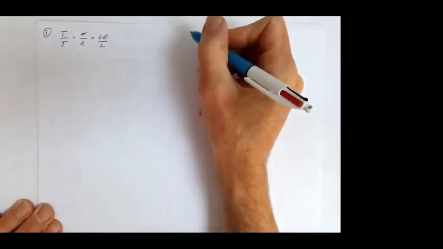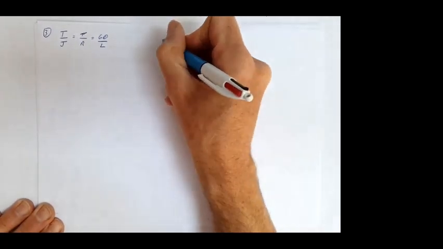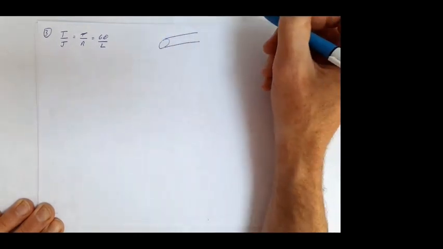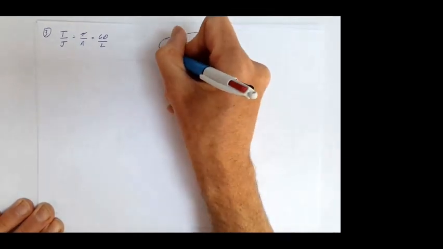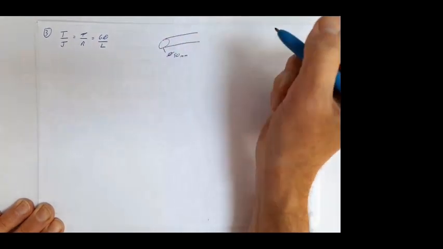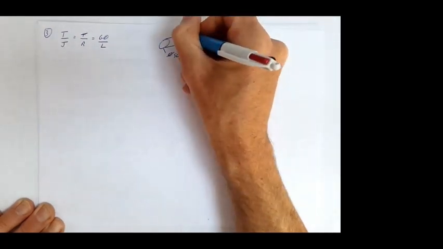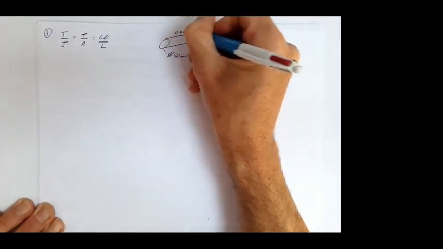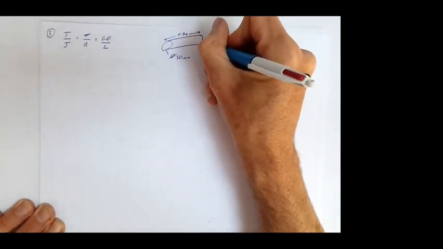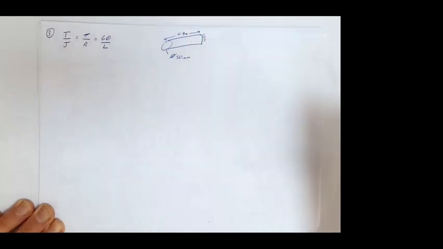Now, in this scenario, what have we got? We've got a shaft 50 millimeters in diameter, so diameter is 50 millimeters. It is 0.7 meters long.